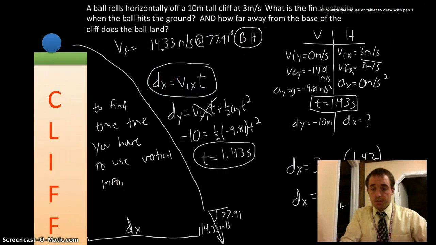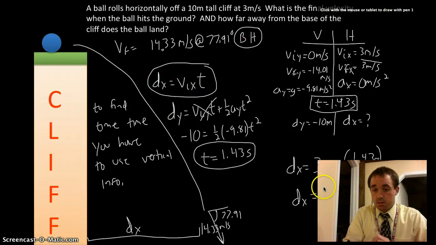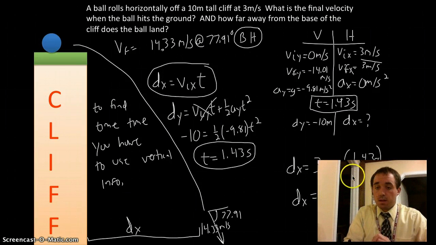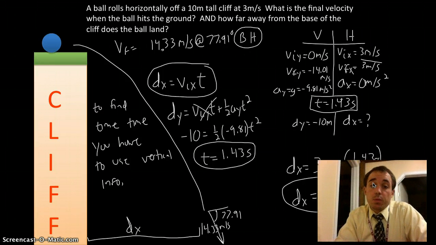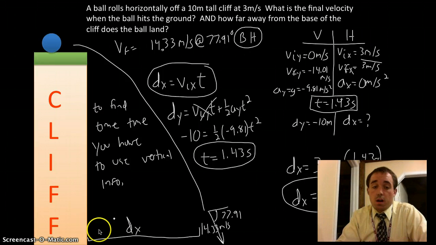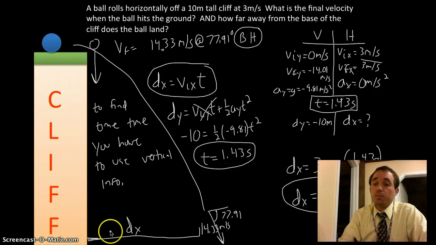So our dx equals 4.29 meters. So if this were the case where our ball was rolling at 3 meters per second off a 10-meter tall cliff, it would take 1.43 seconds for the ball, as if it were just falling straight down, to hit the ground right here.